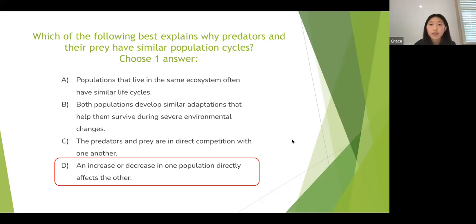Good job, everyone. D is the correct answer because an increase or decrease in one population directly affects the other. Like we discussed before, initially the prey population will increase, and then the predator population will follow. That is because there's more prey, and so there's more food available. You can see how this increase of the prey population directly has a result on the predator population, because both will increase.